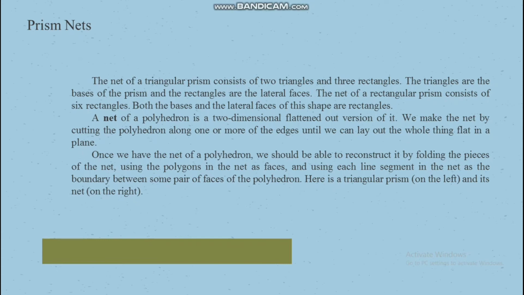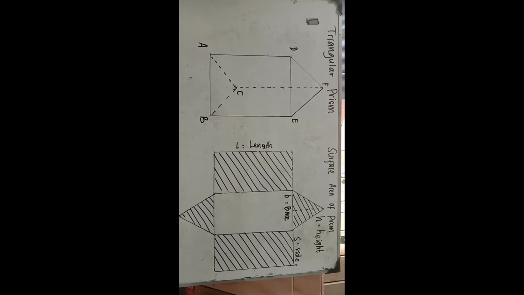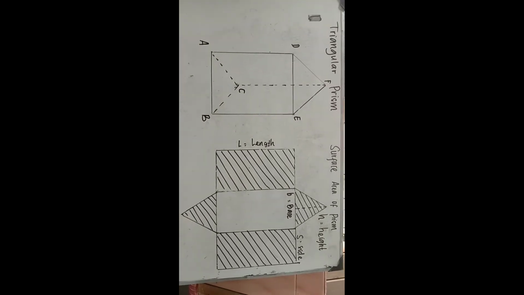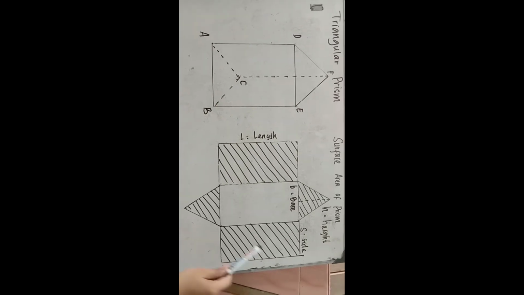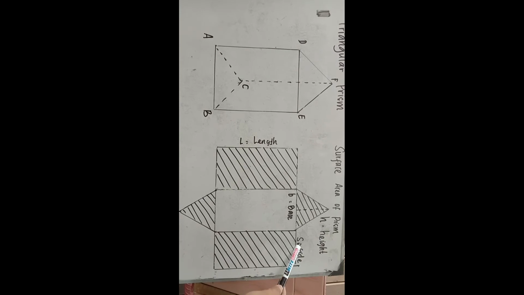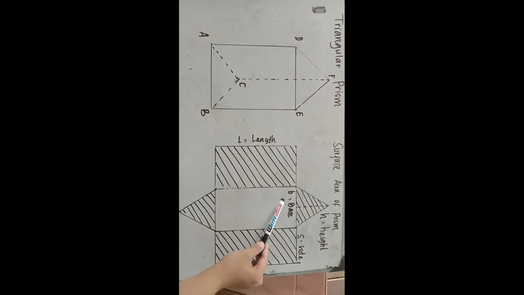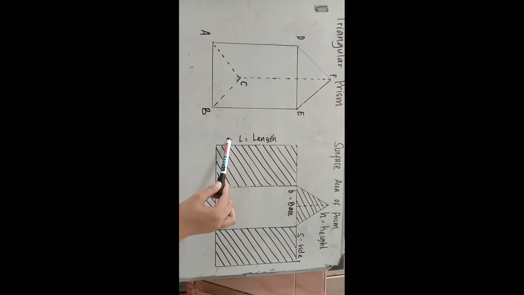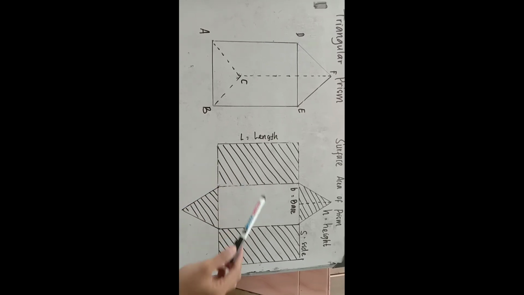Here is the surface area of prisms, for triangular prisms. This is height, this is side, B this is base, and this is length.